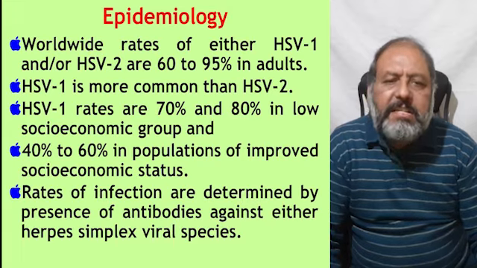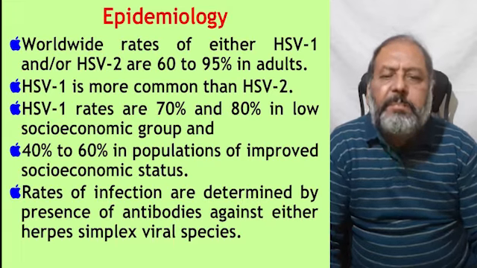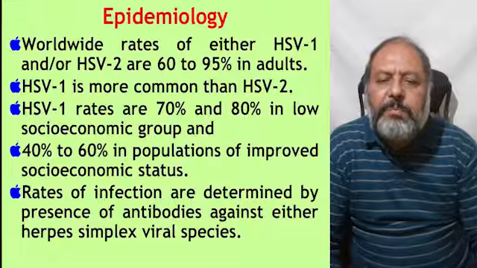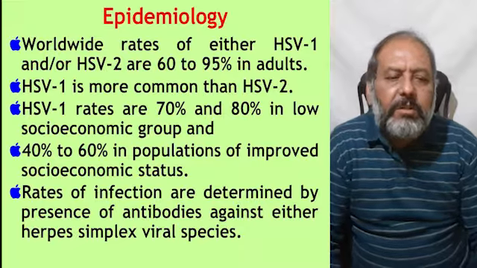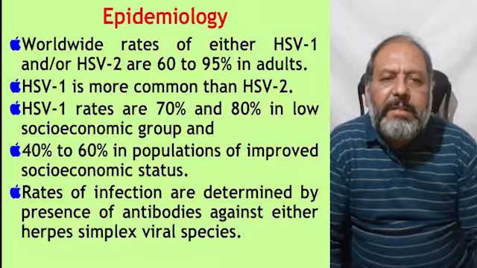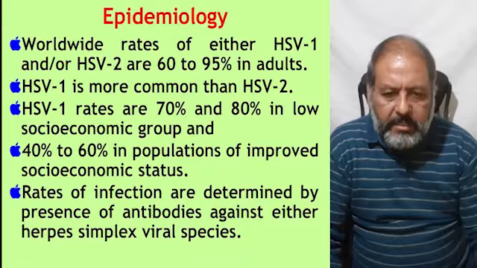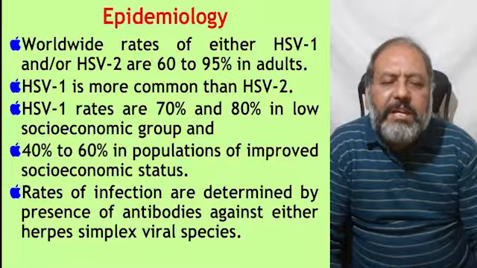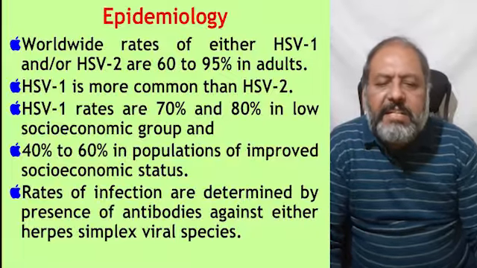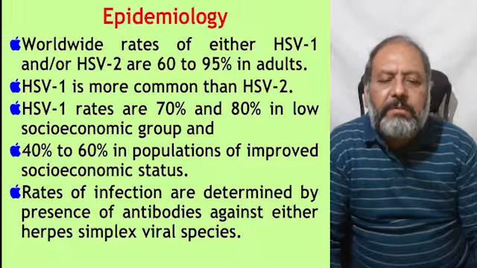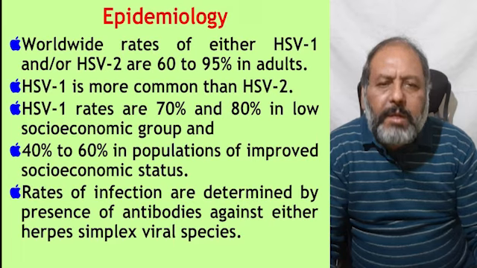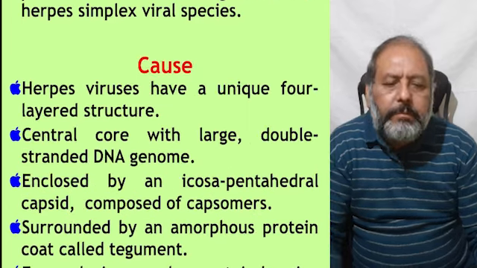HSV1 rates are 70 to 80% in low socioeconomic groups and 40 to 60% in populations of improved socioeconomic status, that means developed countries. Rates of infection are determined by the presence of antibodies against either herpes simplex virus species, whether HSV1 or HSV2.